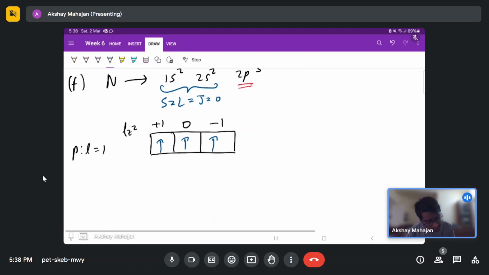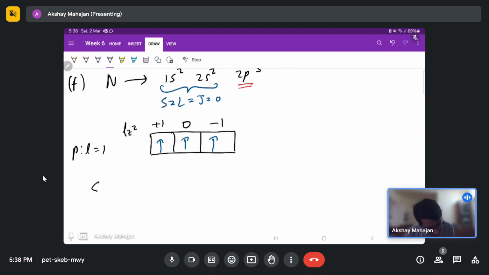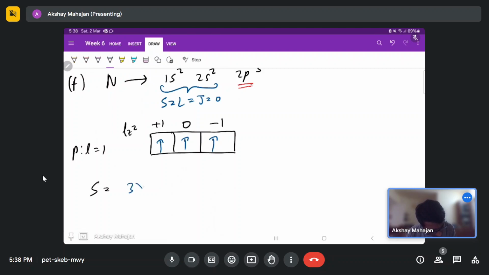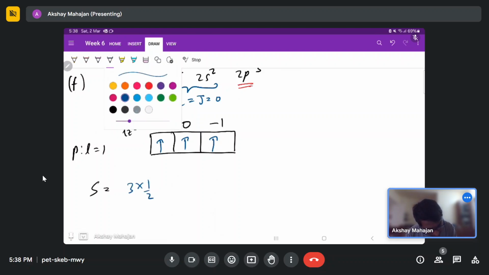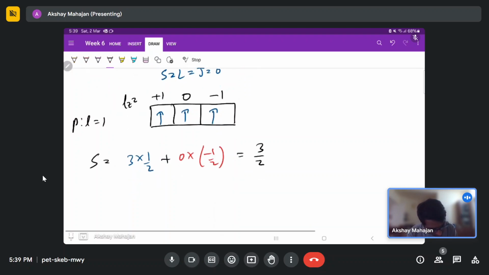This is a half filled case. Here S is, we have 3 spin up and 0 spin down, so S will be equal to 3 by 2.